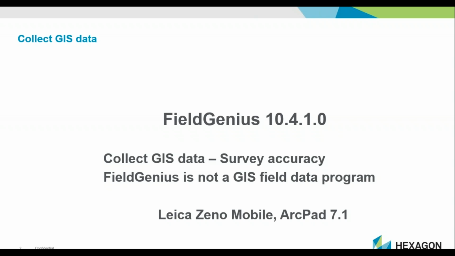If that is the main goal of what you are doing out in the field, you're better served to go to something like the Leica Xeno Mobile or Esri ArcPad that are dedicated GIS functions and have better back office integration to the GIS systems, where you can pass jobs in and out and you can collect GIS data and update and create things on the fly.